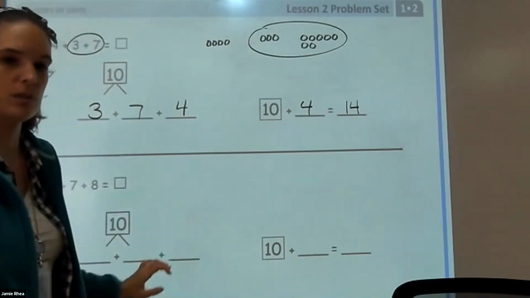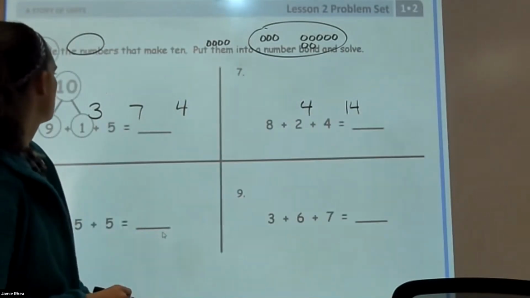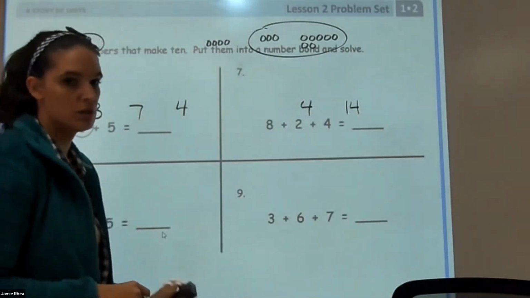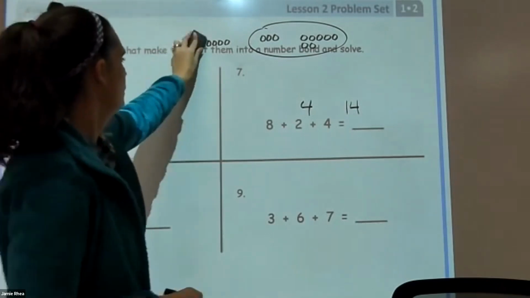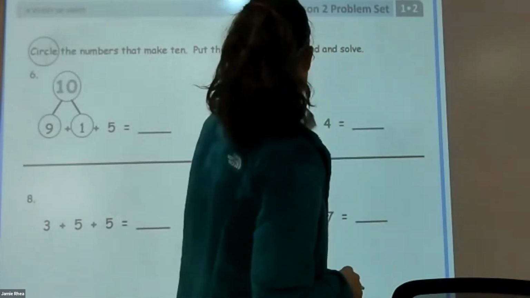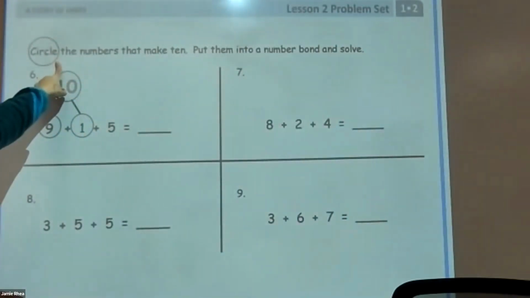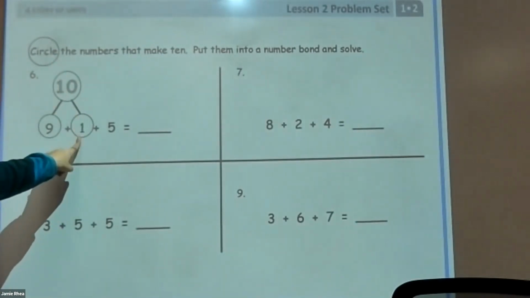Oh, I'm sorry, you're not doing number 5, you're doing number 7. Let's look and make sure there's no different directions. Oh, our directions change on number 7. Be careful. All right, let's see what it says. Circle the numbers that make 10, put them into a number bond and solve. Look at number 6.